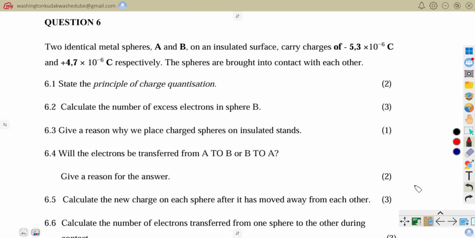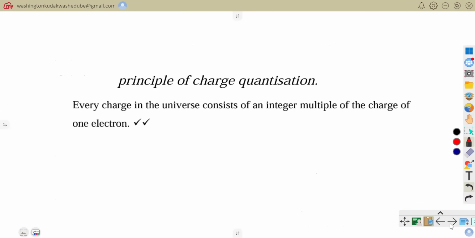So I brought you the definition of that so that we get to know it. It's not usually given in some textbooks, but in some you would find it. So that is the principle of quantization. It says that every charge in the universe consists of an integer multiple of the charge of one electron.